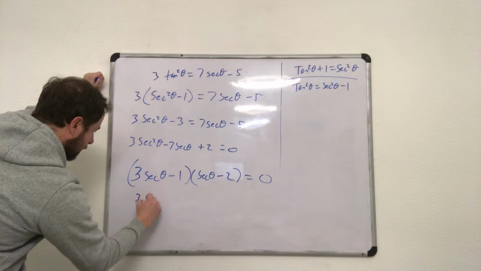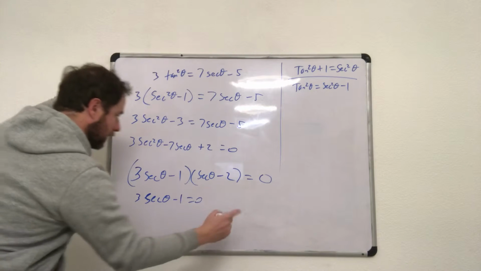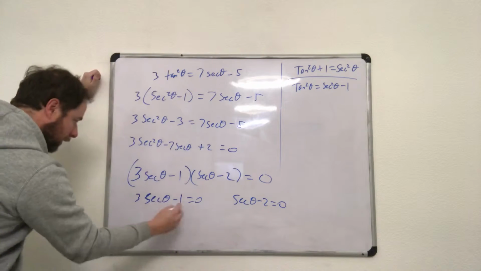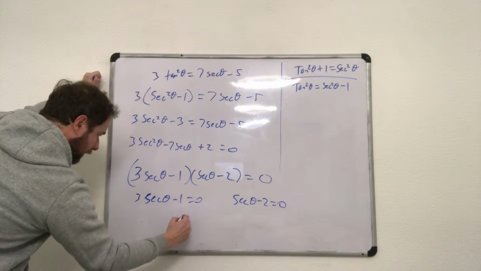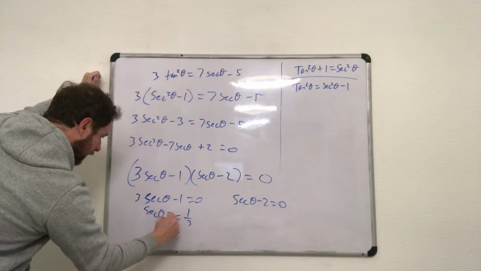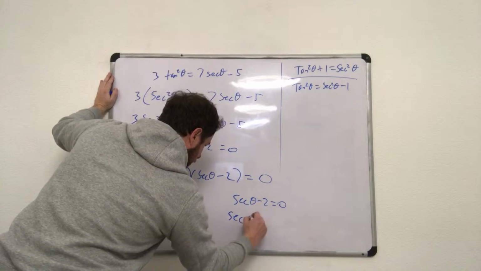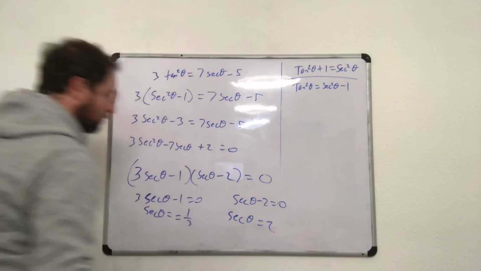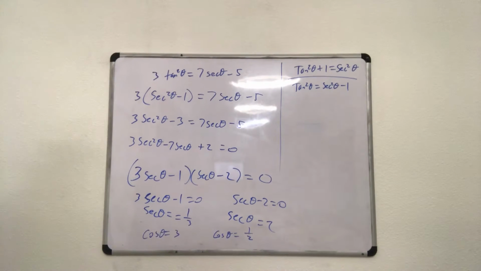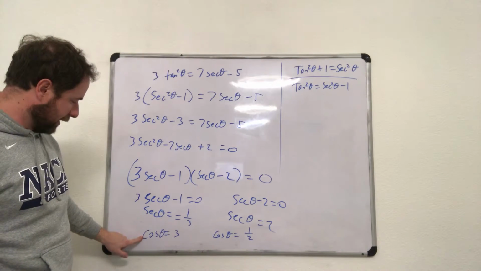So we get 3 secant theta minus 1 equals 0, and then we're going to get secant theta minus 2 equals 0. When you do this, bring the 1 to the other side. You're going to end up with secant theta is 1/3. Right here, we're going to get secant theta is 2. Now, we know that secant is the reciprocal of cosine.